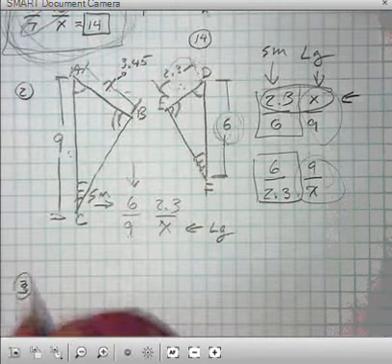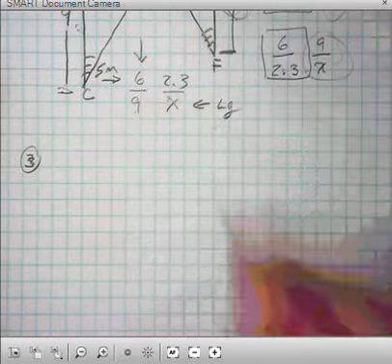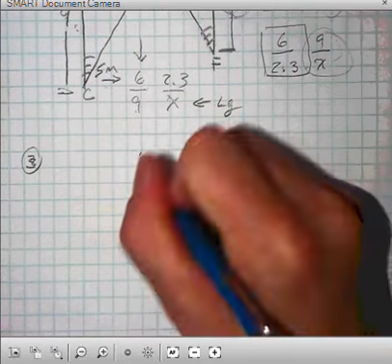Let's look at one more example. This one I'm going to make overlapping.